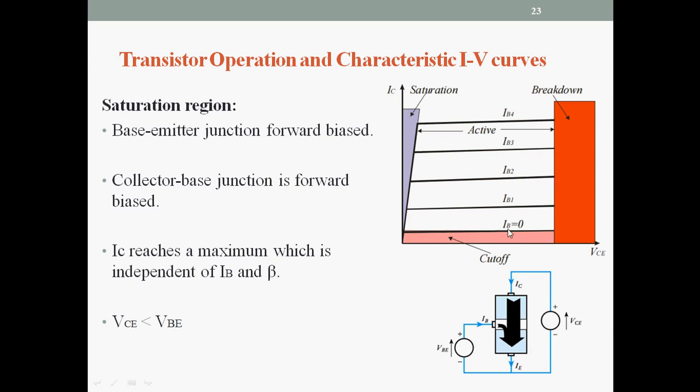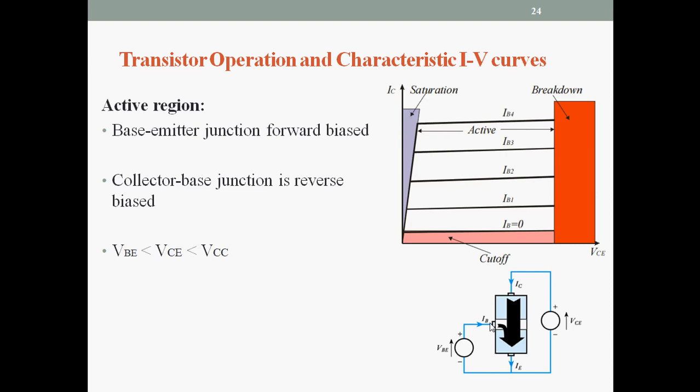For various values of base current, we can see the graph given here. In the saturation region, both the base emitter junction and collector base junction are forward biased, where the collector current IC reaches a maximum which is independent of IB and beta, whereas the collector to emitter voltage is less than the base to emitter voltage.